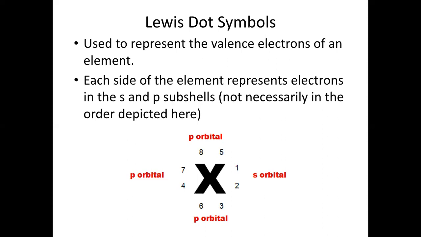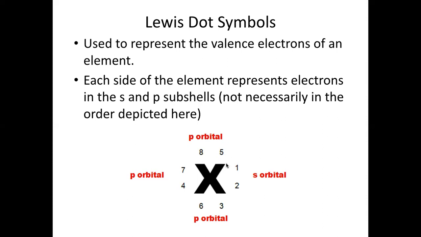Lewis dot symbols are used to represent the valence electrons of an element. Each side of the element represents electrons in the s and p subshells, although they do not necessarily have to be in the order that is depicted here. So this X is where we put our atom. Let's say, for example, we have oxygen.